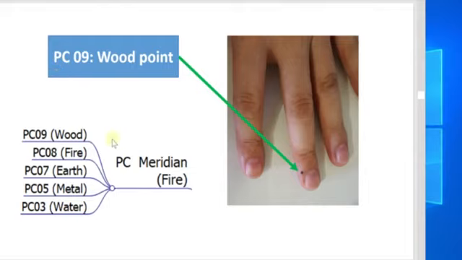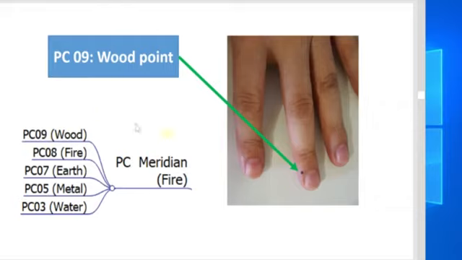In Saam 5-element acupuncture, the PC is the same as the heart. Sometimes we use a heart point, sometimes a pericardium point, so you should learn by comparing with the heart point.